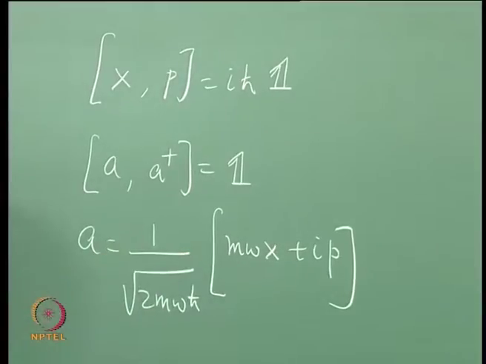A dagger was the Hermitian conjugate of A. This is the situation regarding the harmonic oscillator.